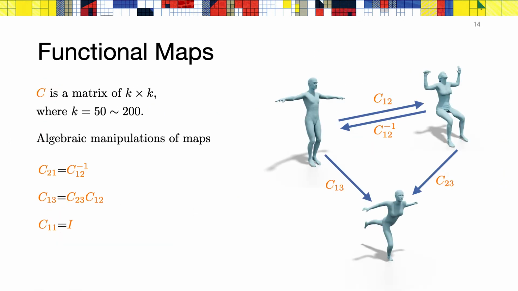C is a matrix of dimension k. Usually, k ranging from 50 to 200 is sufficient for most applications. The main motivation of doing map synchronization with functional maps is that it allows algebraic manipulations of maps such as inverse and composition, which is shown in this slide.